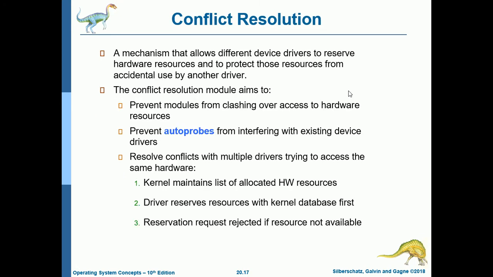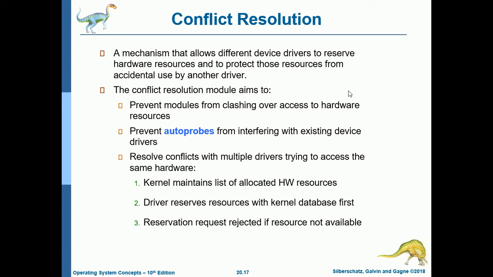For conflict resolution, it is a mechanism that allows different device drivers to reserve hardware resources and to protect those resources from accidental use by another driver. The conflict resolution module aims first to prevent modules from clashing over access to hardware resources. It prevents autoprobes from interfering with existing device drivers.